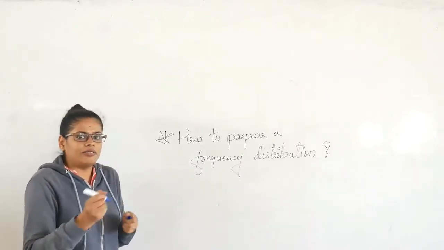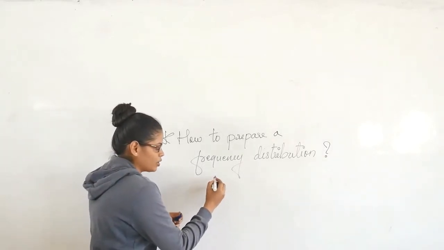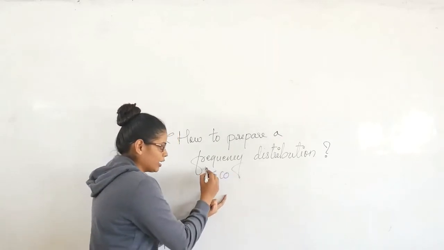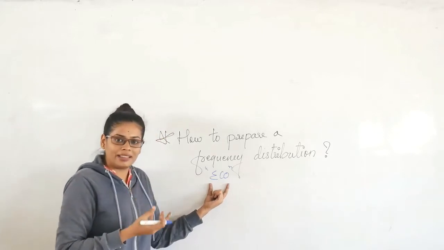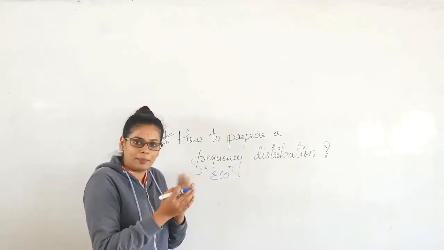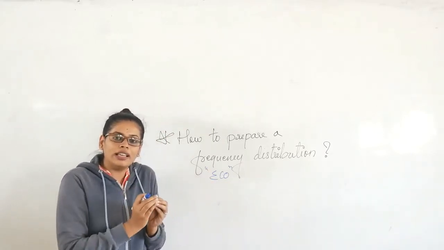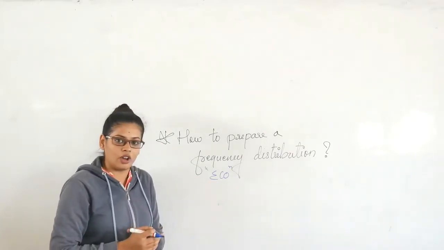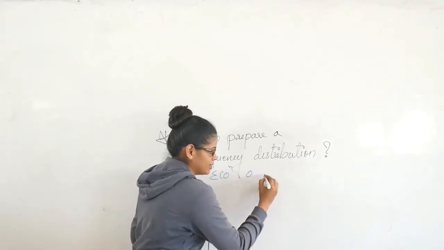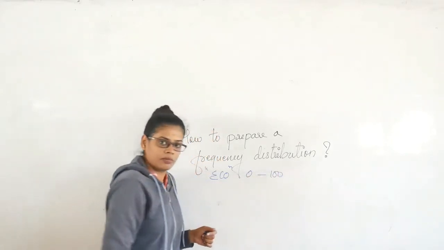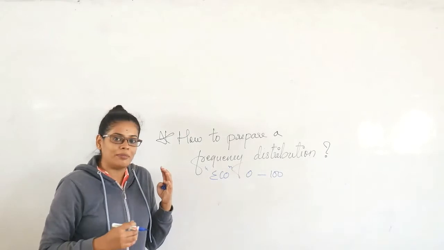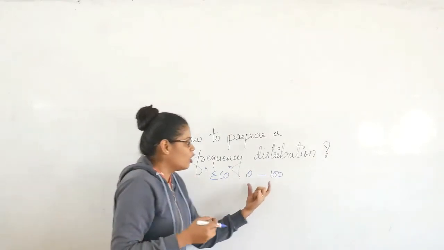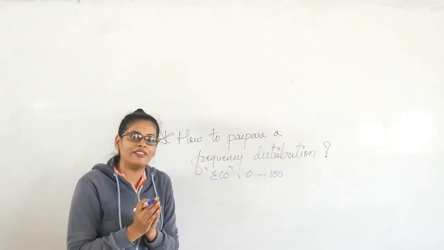The example which we had taken was the subject marks in economics, right? So when we are talking about the subject of economics in the previous example, what is the minimum mark and what is the maximum mark for economics? The minimum is 0 and the maximum is 100, right? Before we decide how many classes we want to make, first we'll understand what is the range of the data we have.